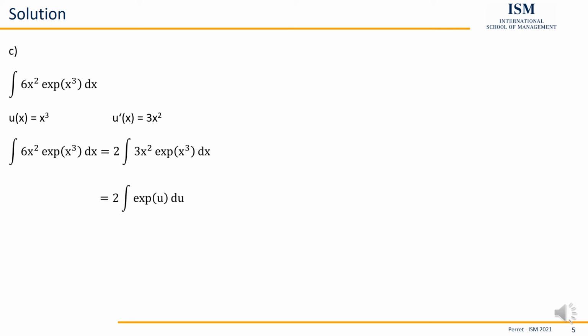We can replace dx with du. That's here the part. And we divide by 3x squared, getting rid of this part. Okay, then the only thing left to do is get the integral of exponential function of u, which, well, obviously that's why we did this substitution, is again exponential function of u.